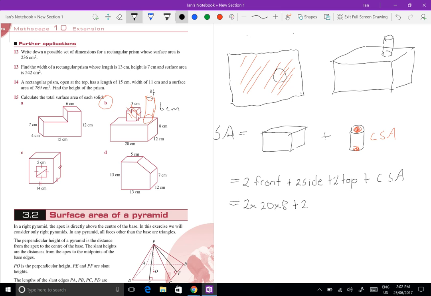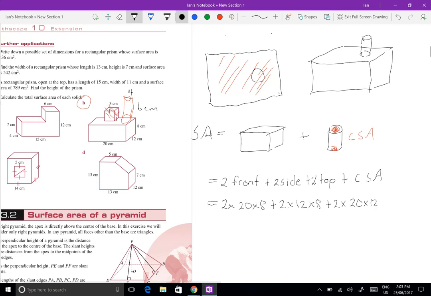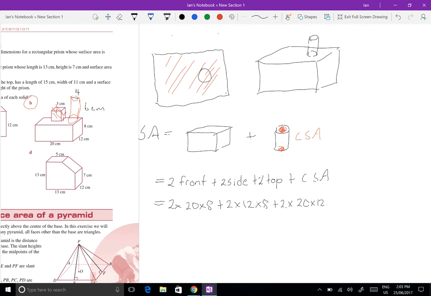The side, there's 2 of them, that's 2 times 12 times 8. And the top, which is the same as the bottom, is 2 times 20 times 12. And the curved surface area of that cylinder is 2 pi times the radius. The radius is going to be 2 times the height, which is 6.